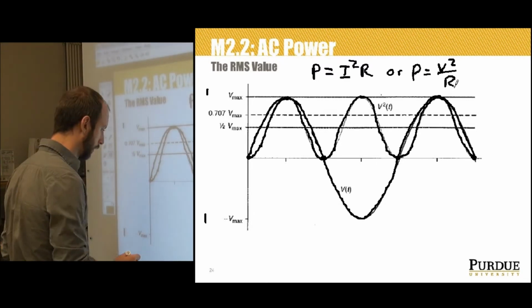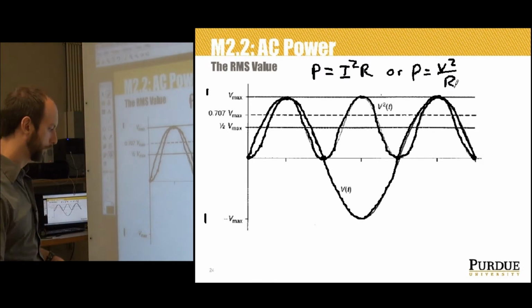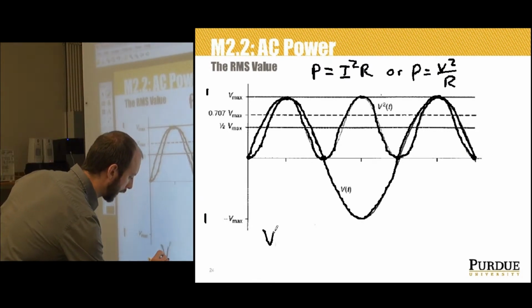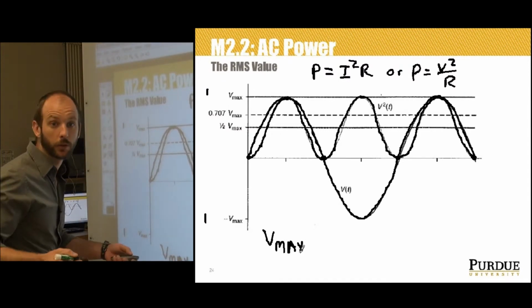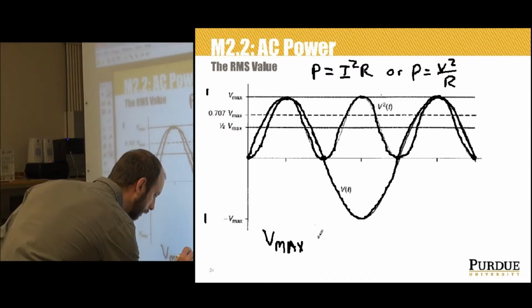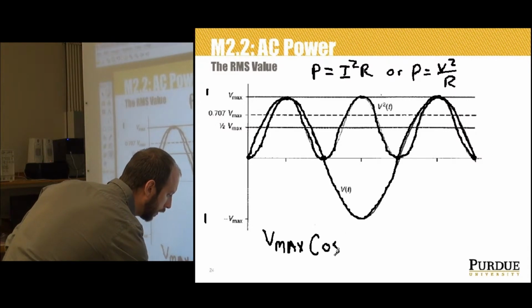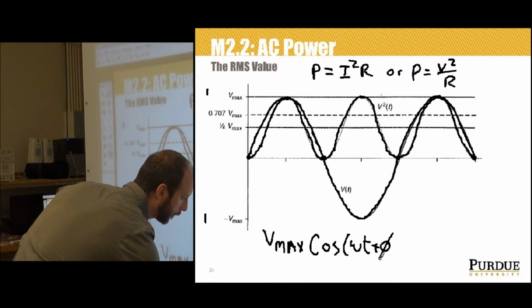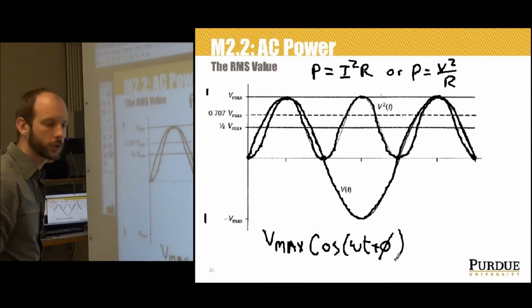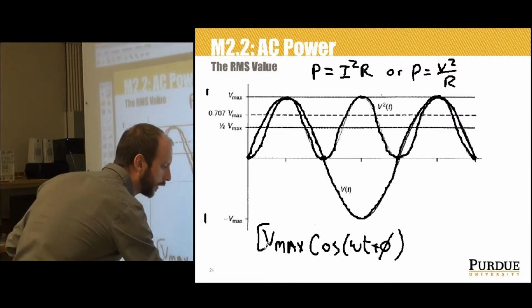So what we end up with, I'll write it down here, is Vmax, or V peak, times the cosine of omega t plus phi. We want to square this whole function, right? So we would put that there.